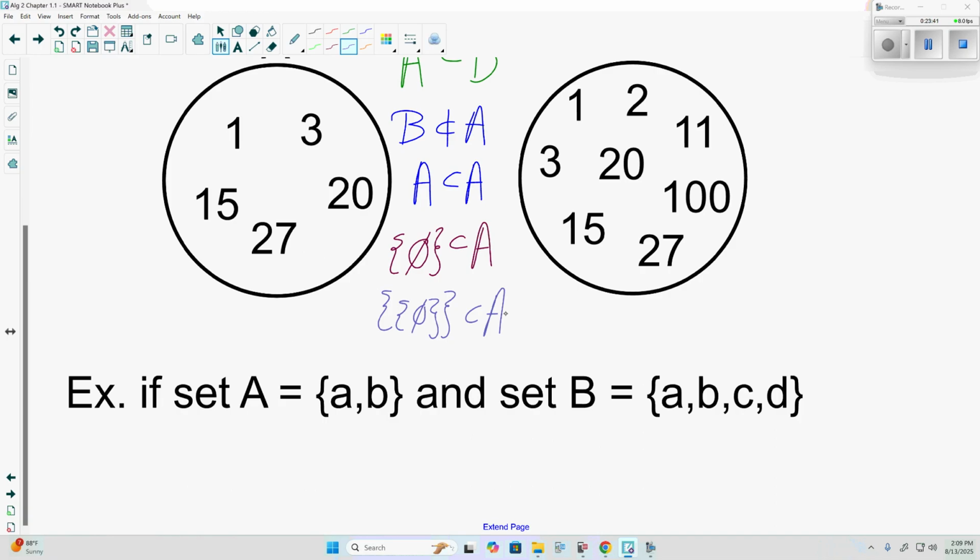We could say that the set containing the set containing the set that contains the empty set is a subset of A. But again, it's just an empty set, a set containing an empty set, or the set containing a set containing an empty set. Again, it's true, it works. It's one of those things we understand it but don't understand it at the same time. But again, as I said, above and beyond.